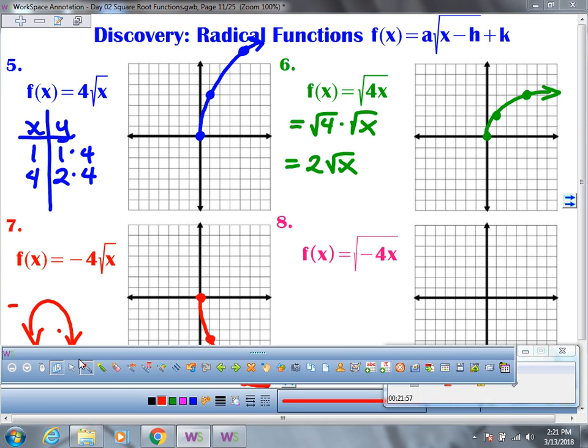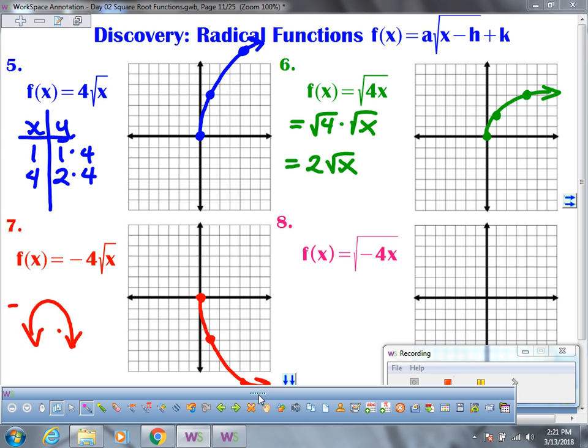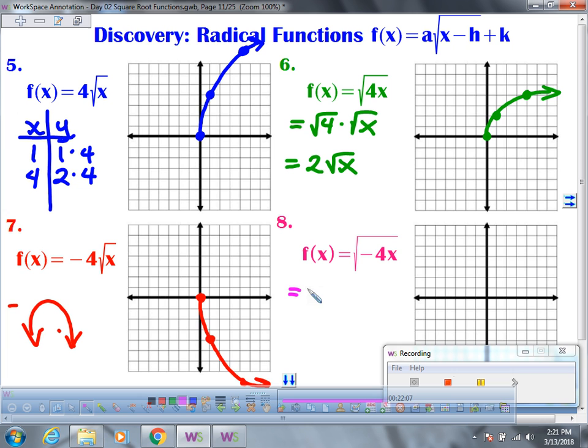Last one. Okay, this one's a little bit more tricky. It's actually 2i root x, right? Yeah, it's going to switch to the negative quadrant.